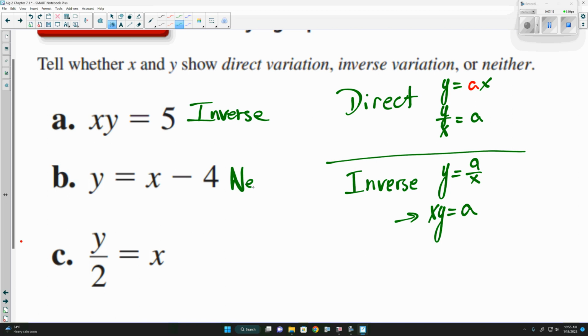Neither. Now there's one main giveaway. In any of these here with direct and inverse variation, are we dealing with addition or subtraction? No. Direct and inverse variation are going to be dealing with multiplication and division only. Either multiply or divide. So if we have addition or subtraction, that should be an obvious giveaway that it is neither. It's not going to be either one.